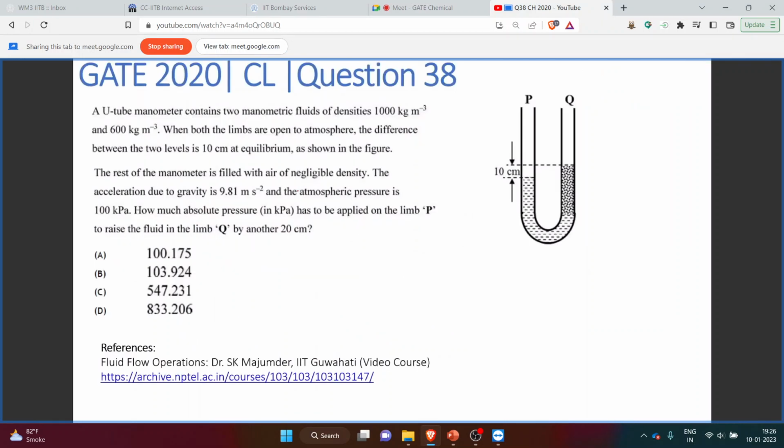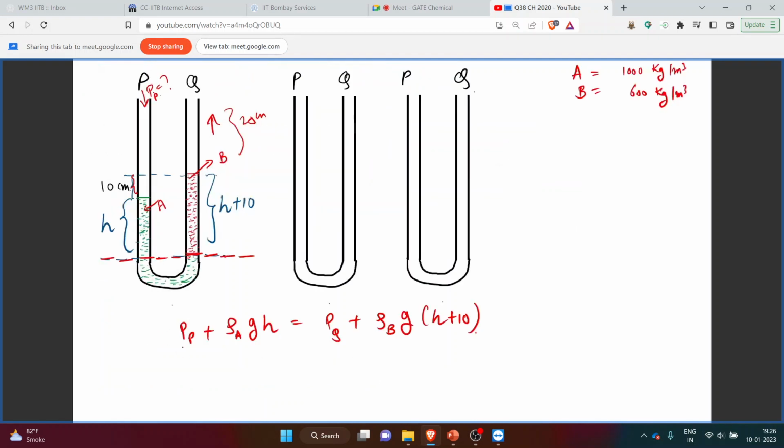Now in the question, we have also been given that both the limbs are open to atmosphere. That is, this Pp and Pq both will be the same and equal to atmospheric pressure. So we can cancel that out. This G will also get cancelled out. And then we can find the value of h from here. So rho A is 1000 times h is equal to 600 times h plus 10.